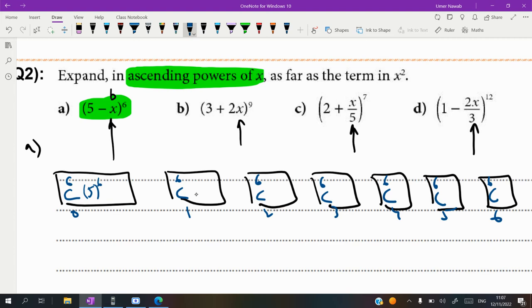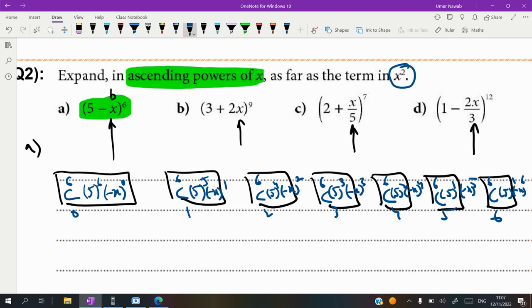So 6 minus 0 is 6, and 6 minus 1 is 5, so the power of 5 is descending. What happens to minus x? Minus x raised to power 0, minus x raised to power 1 with 5 to the power 4, minus x squared with 5 cubed, minus x cubed with 5 squared, minus x to the power 4 with 5 to the power 1, then minus x to the power 5, and minus x to the power 6.